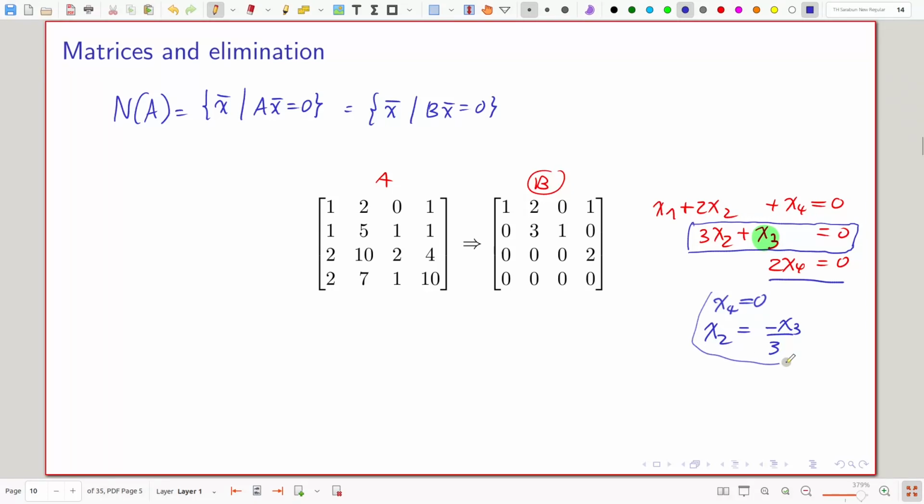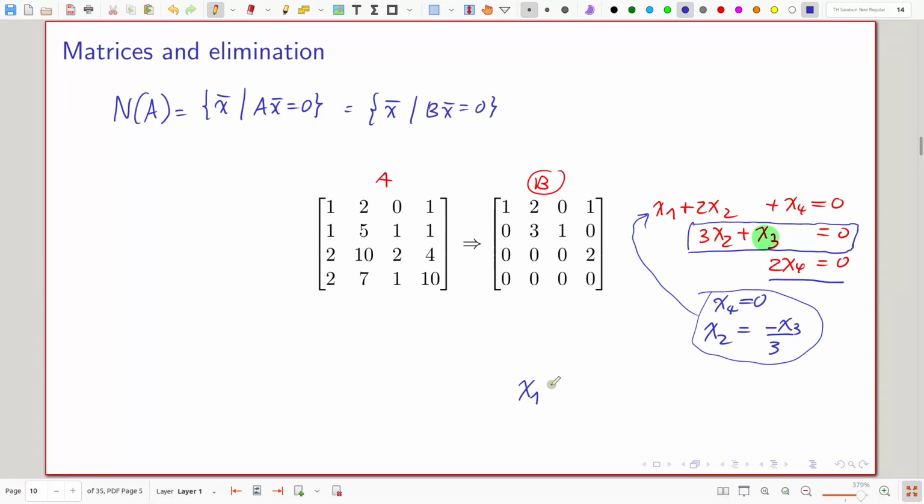Now we have these three variables. We can plug them into the first equation. So we see x1 plus 2x2, but x2 is this, so it's going to be plus. That's hard. You should have picked x2, but I'll be fine with that.